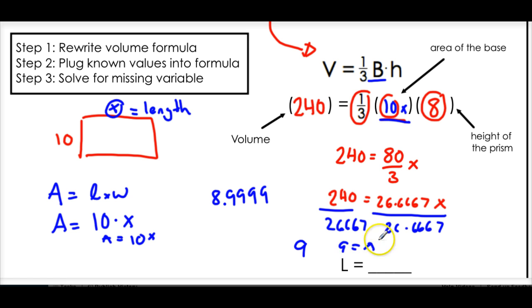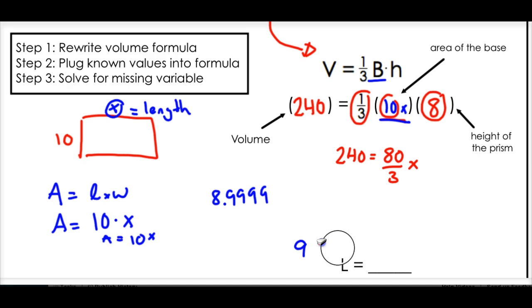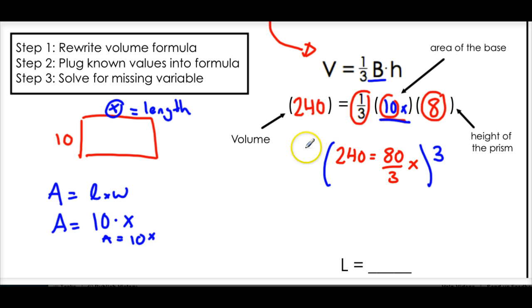Now, I don't like that way to do it, but that's certainly a good way to estimate. Another way, which I prefer for you guys to do, is this. Let's get rid of all this. Say you get 80 over 3, and you wonder what to do now. If you have a fraction, you can always get rid of it by multiplying both sides by 3, the denominator.